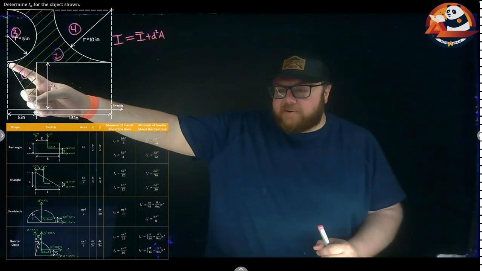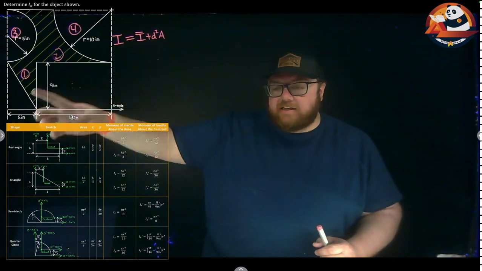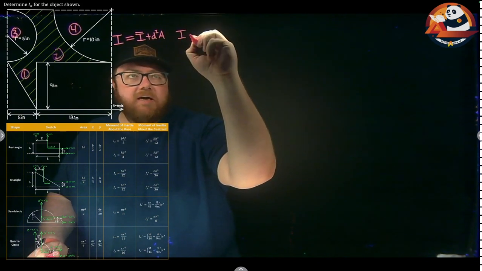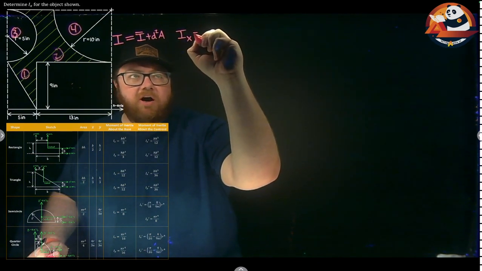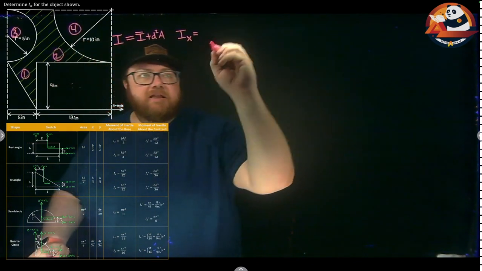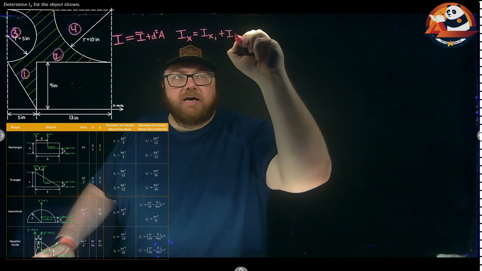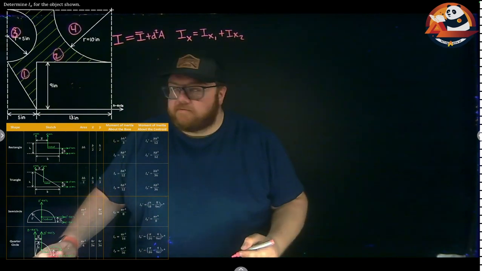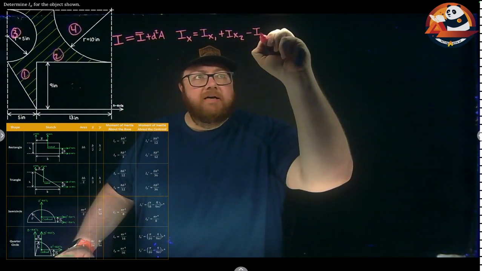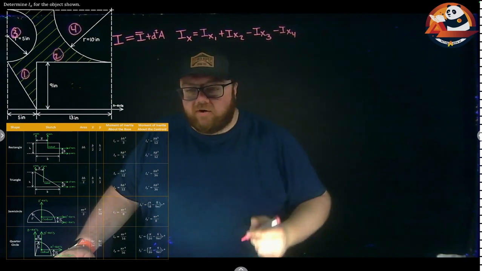So for my first piece, I had a triangle. Let's get one last piece written in here. If I'm looking for moment of inertia, I have 4 pieces. I can say my Ix overall is, well, 1 and 2 were positive shapes, so I'll add them in: Ix1 plus Ix2. 3 and 4 were negative, so minus Ix3 minus Ix4.